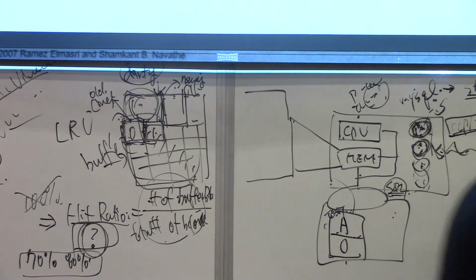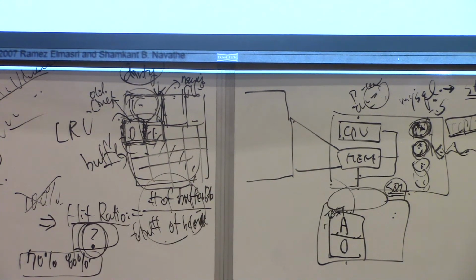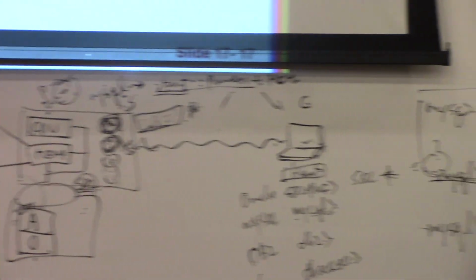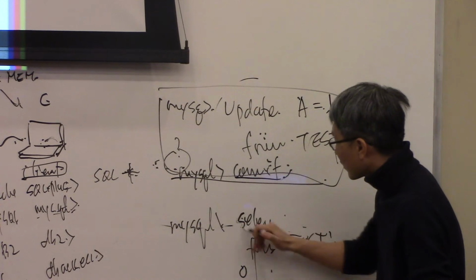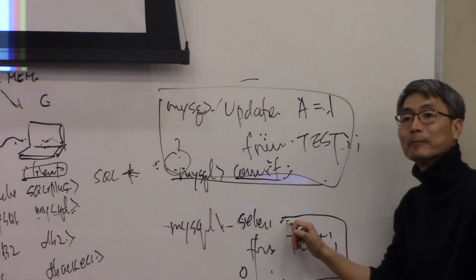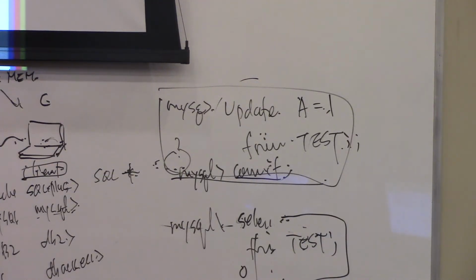For example, if this one is running before commit, like the select, it takes a long time. Okay, you have a lot of data. So even though commit, this query should be based on this time. So until this process is completed, we don't know when it ends, but we keep the old image also.